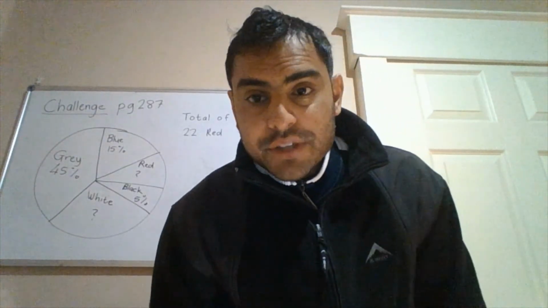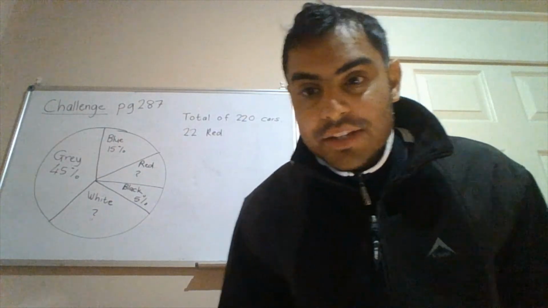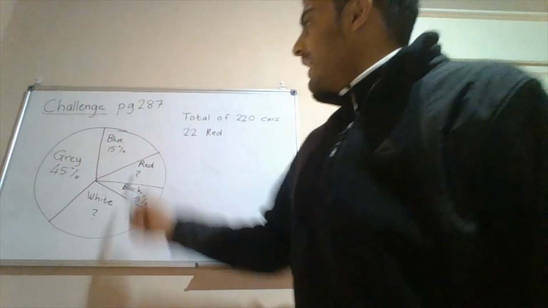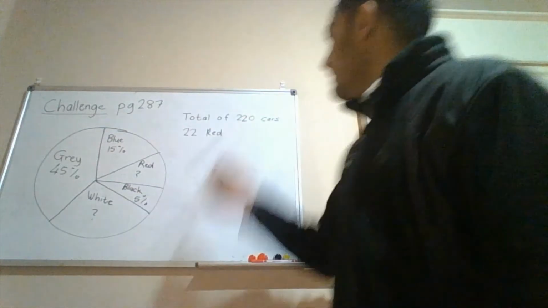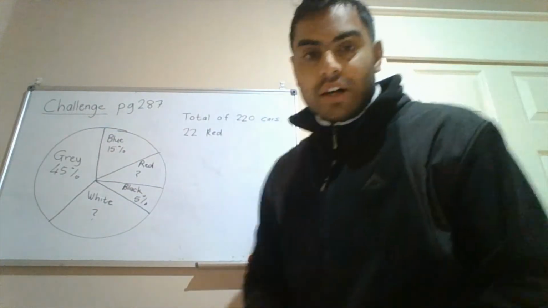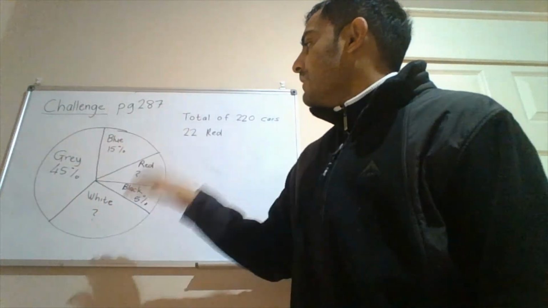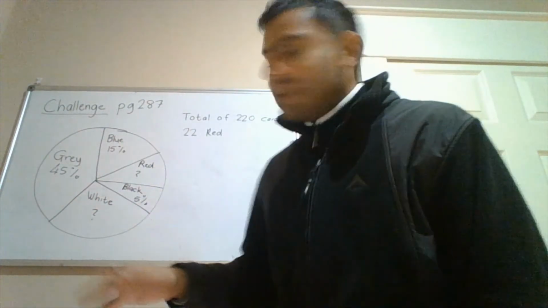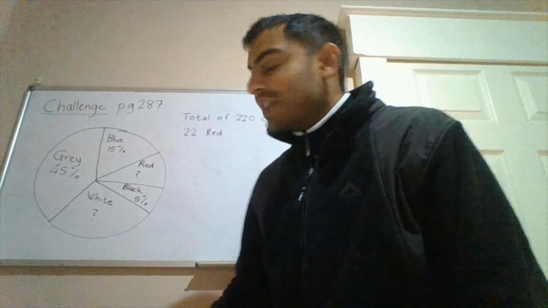So lastly, I'm going to look at the challenge problem on page 287. And here we have a pie chart with some missing information. This is a collection of toy cars and there are 220 toy cars in total with various colors: blue, gray, white, black and red. They're looking at the proportion of the colors that make up the collection.